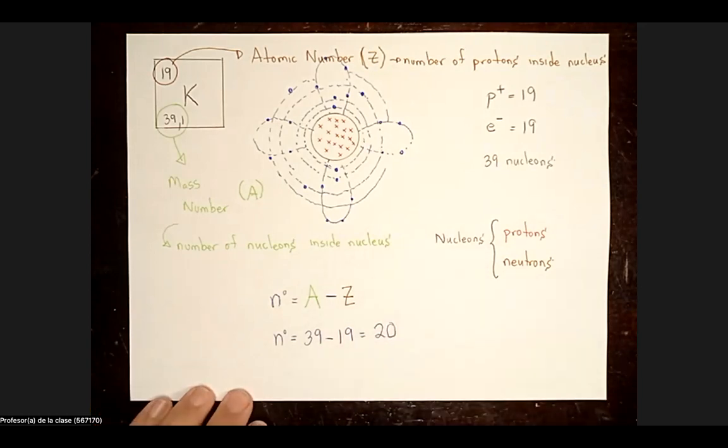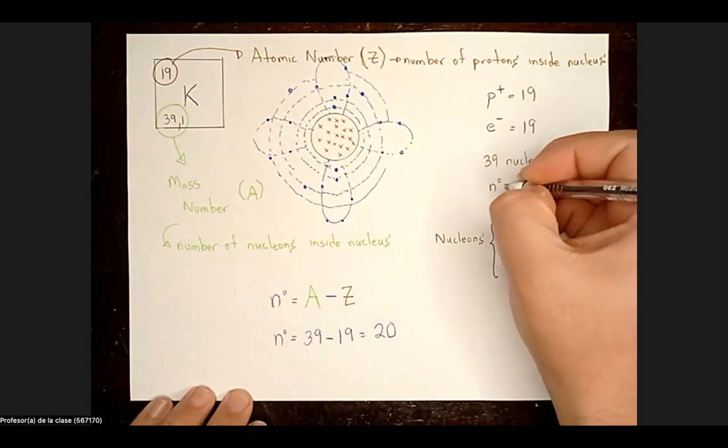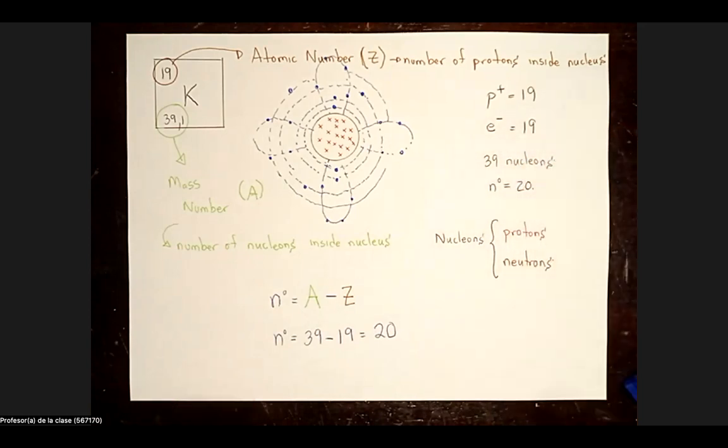So 20 neutrons will be the quantity for the potassium atom. 20 neutrons, 19 electrons, and 19 protons. That is the basic information that we have here on the periodic table.